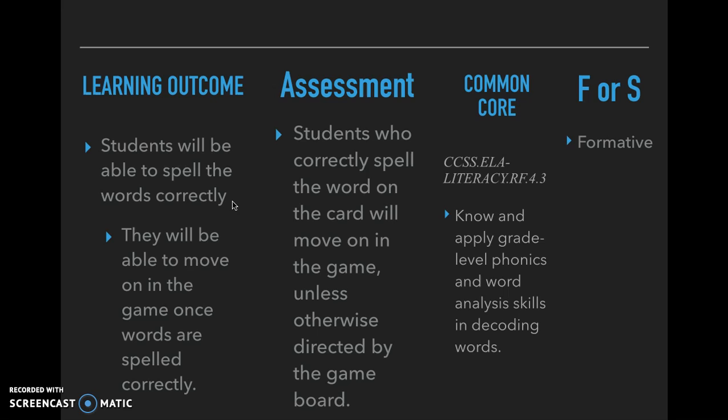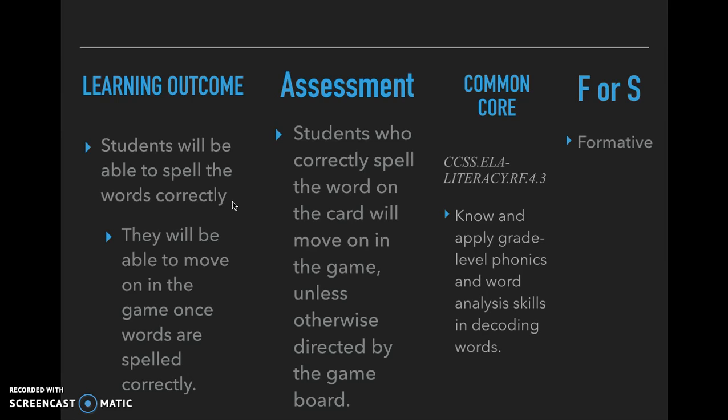And if they don't move forward, they don't move on. The assessment is just, I would be observing students and what they spell, how they spell, and if they excel at the more difficult words or if they help with the difficult words, and stuff like that.